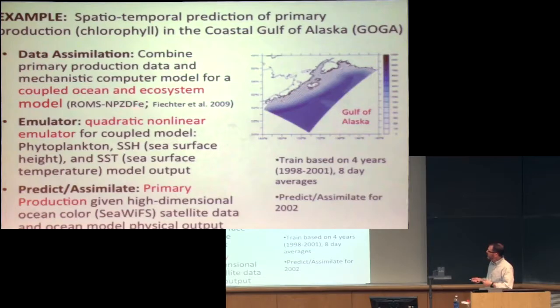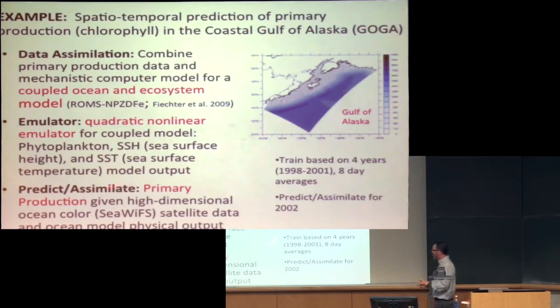It's called the ROMS-BEC model. Okay. I'm going to assume that I'm going to emulate that model's evolution by a quadratic nonlinear process, and I'm going to only consider the sea surface height, the sea surface temperature, and the phytoplankton. Those are all space-time fields, so it's a multivariate, spatio-temporal, nonlinear system.